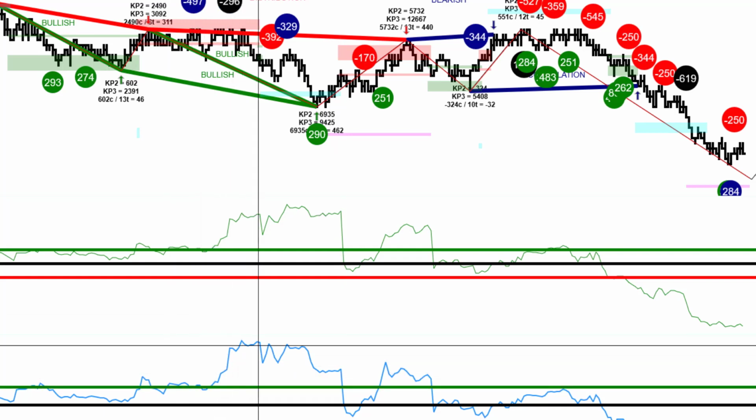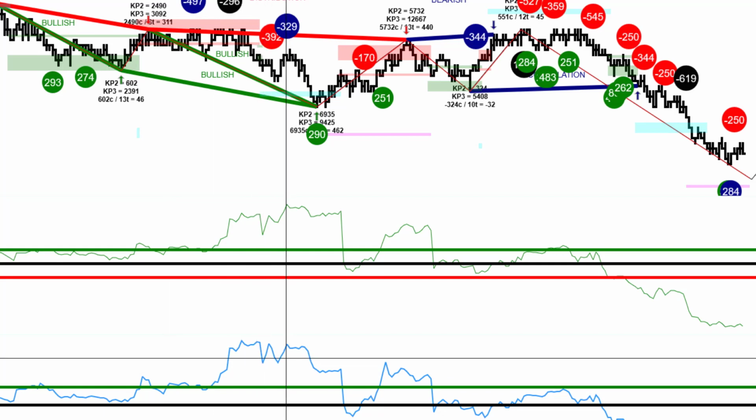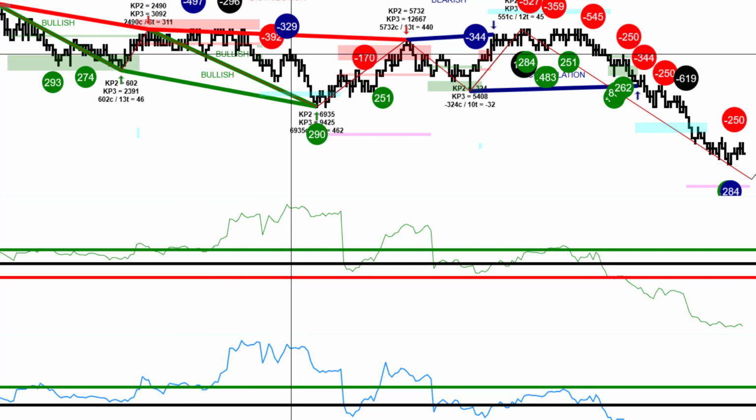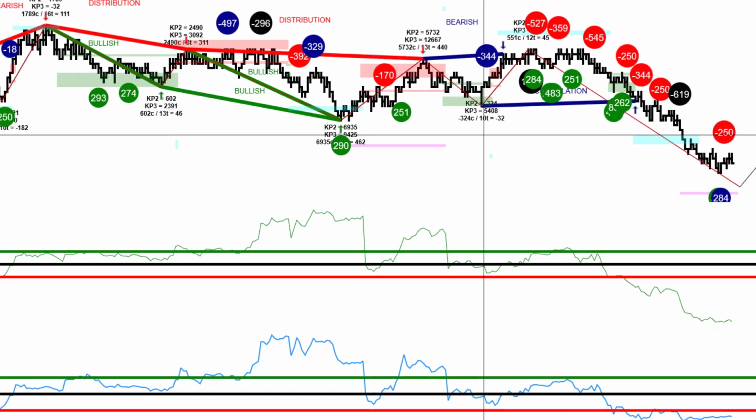And I just thought that was really interesting when I saw this, how this was basically supporting a distribution right here, even though we were on a down leg, which is something that you wouldn't normally see with any other type of indicator.